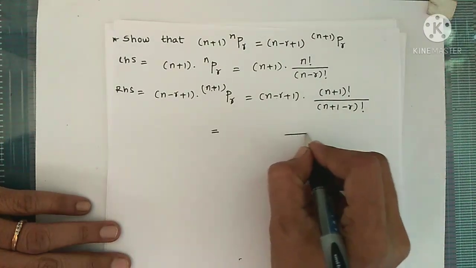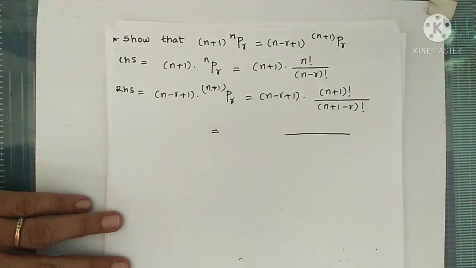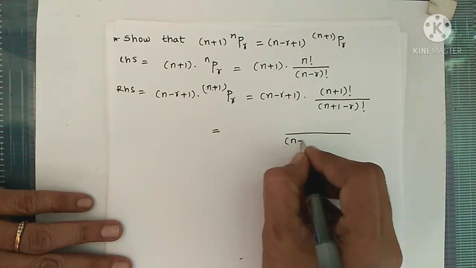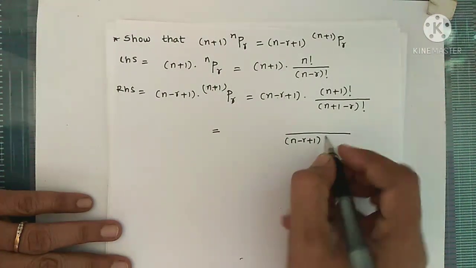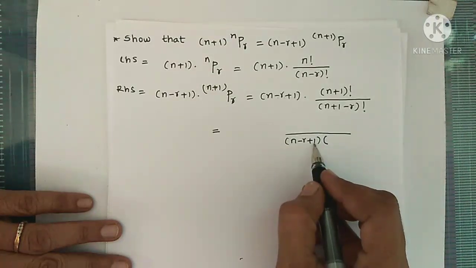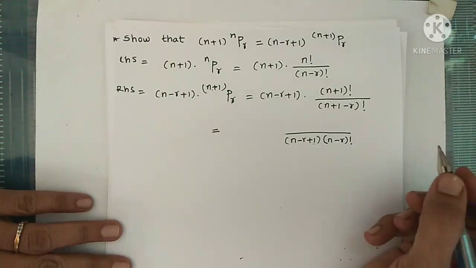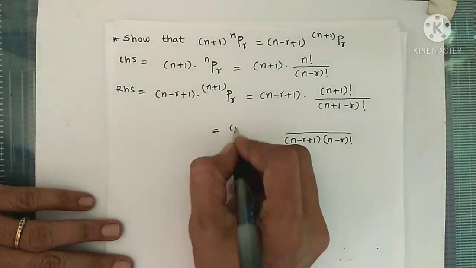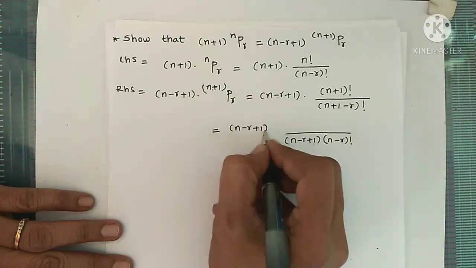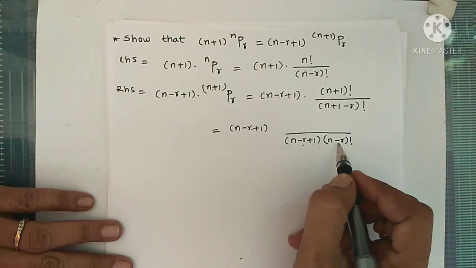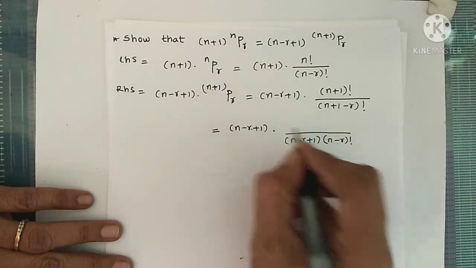So using that N factorial is N into (N minus 1) factorial, we can write this as (N minus R plus 1), and subtracting 1, this 1 gets cancelled, and we get (N minus R) factorial. Now we can see here that this (N minus R plus 1) term gets cancelled with this term, and we get (N minus R) factorial.